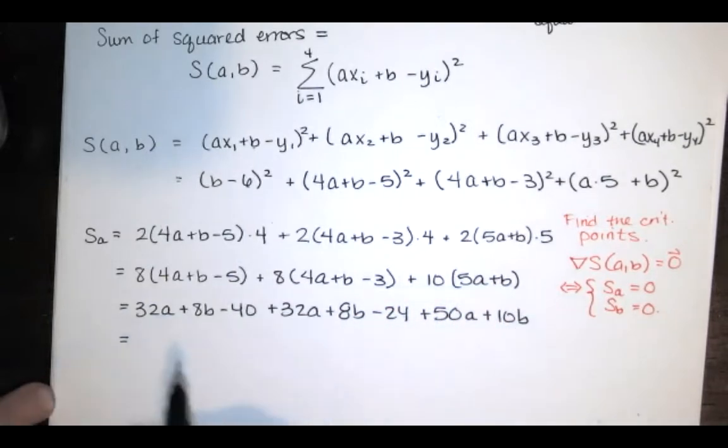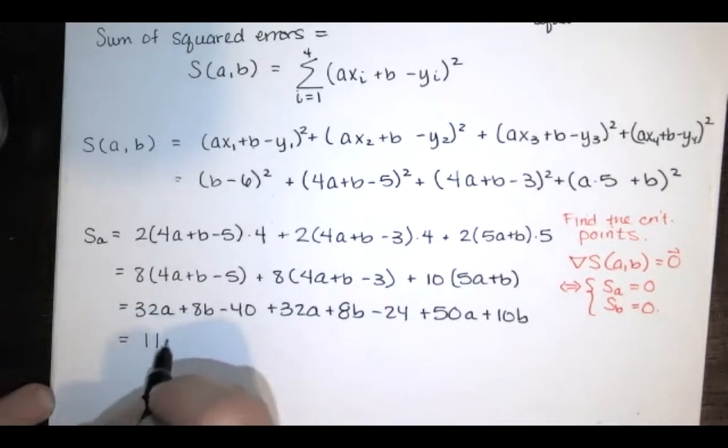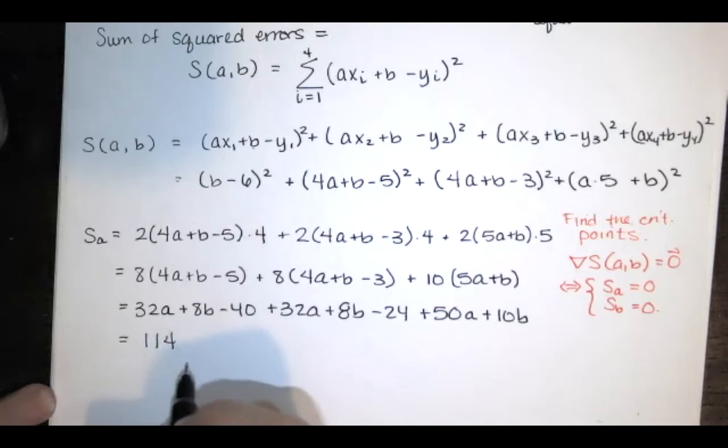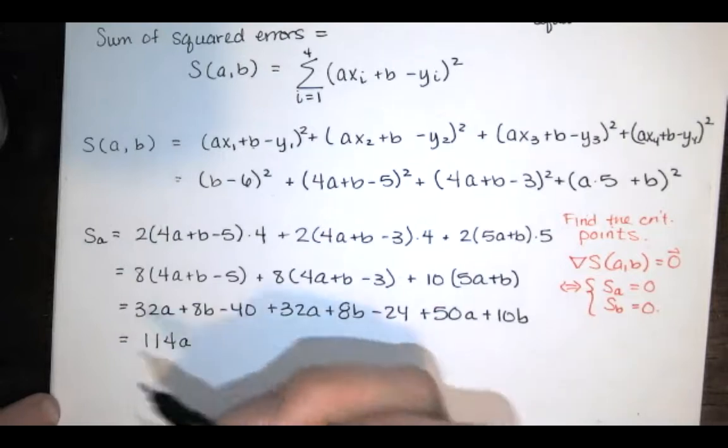Okay, so I've got 32a and 32a, that's 64a. 64a plus 50a is 114, excuse me. Yeah, 64 plus 50. And then, so that's that.